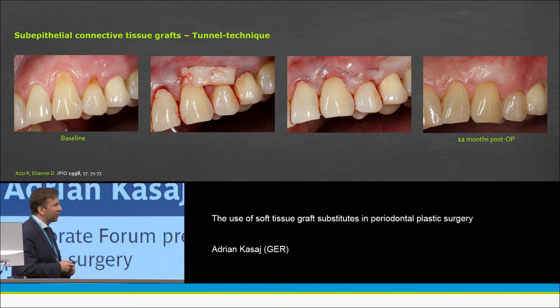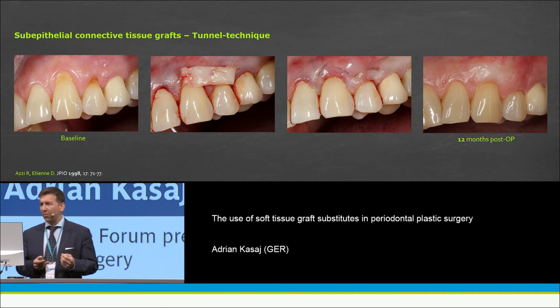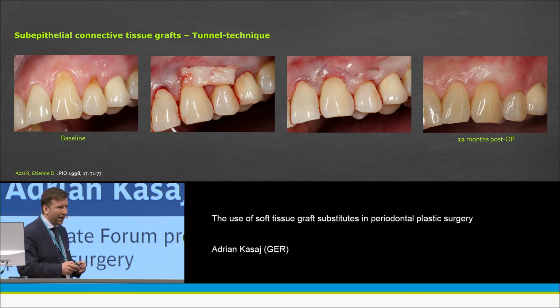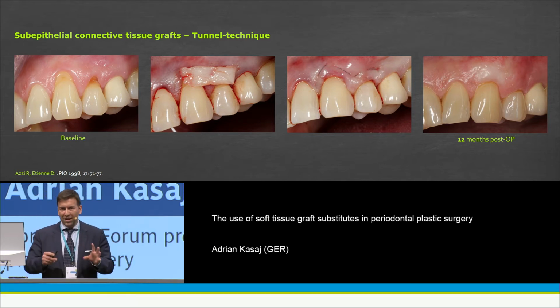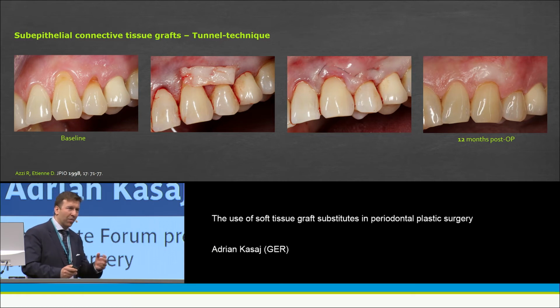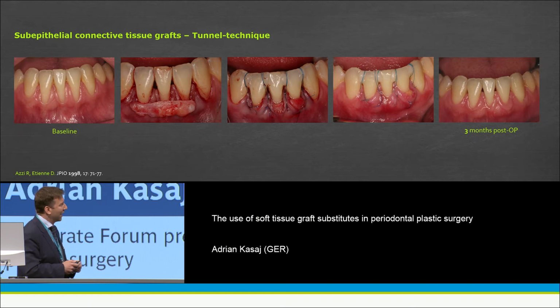The connective tissue graft was inserted into the tunnel, and you see the clinical outcome 1 year post-operative. Also here you have the coverage effect, thickening effect, and nice integration into the surrounding tissue. So definitely a big development in comparison to the use of the free gingival grafts.